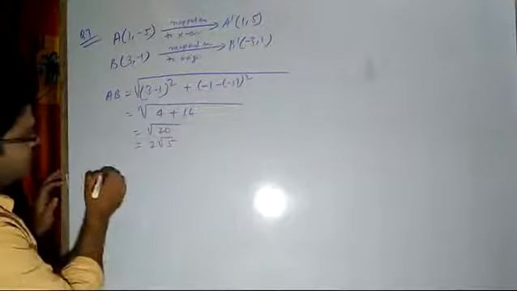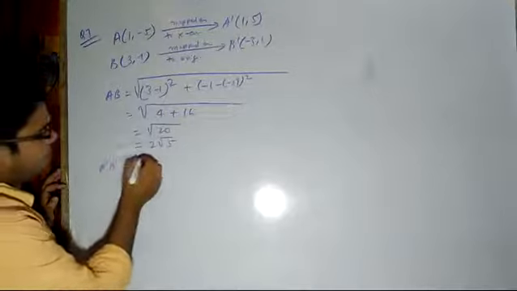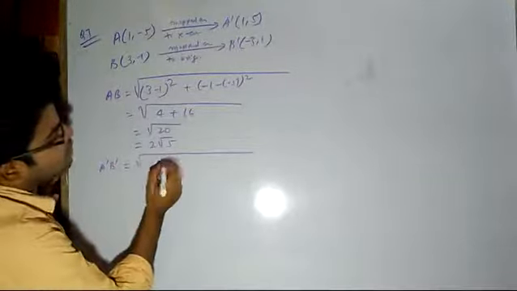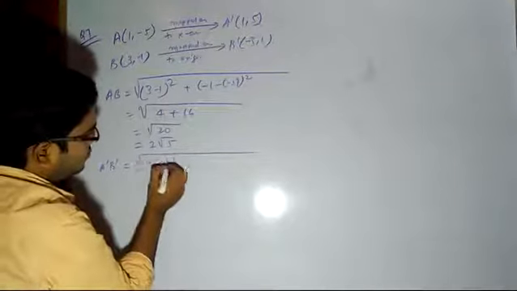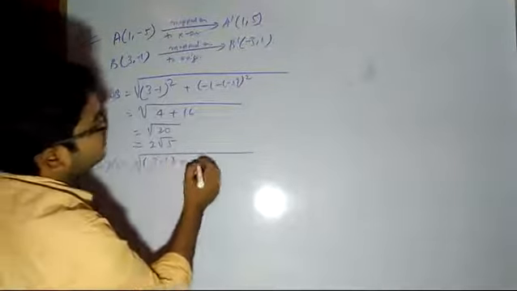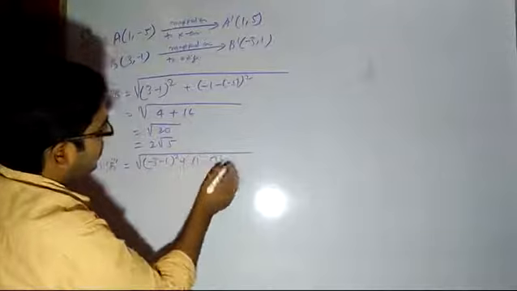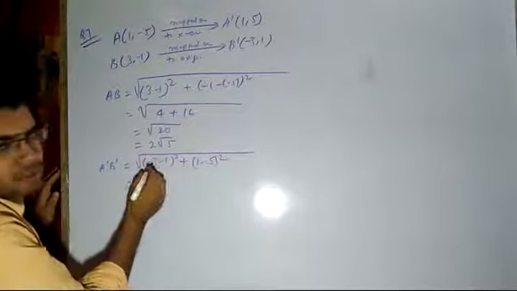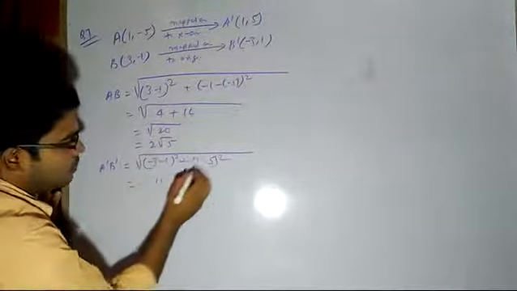Okay. Now A dash B dash will be equal to root under (−3 − 1)² + (1 − 5)².